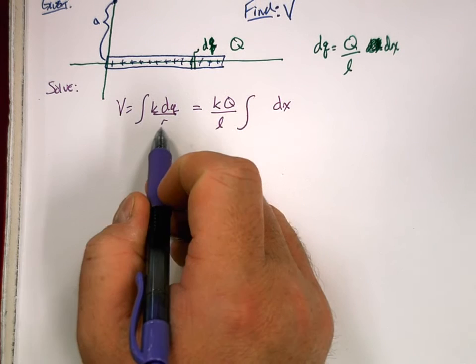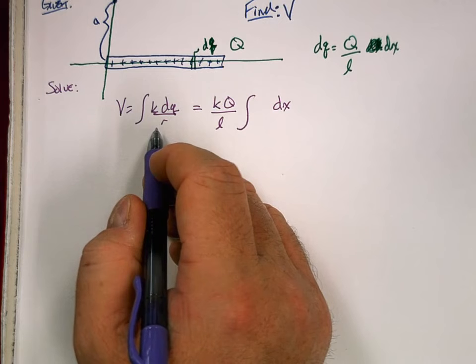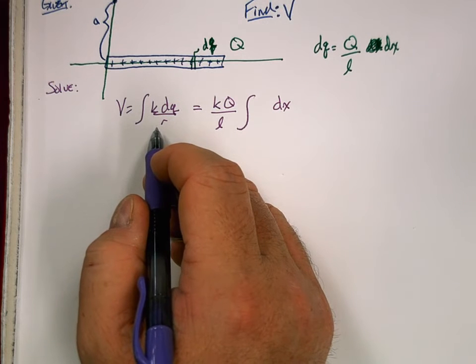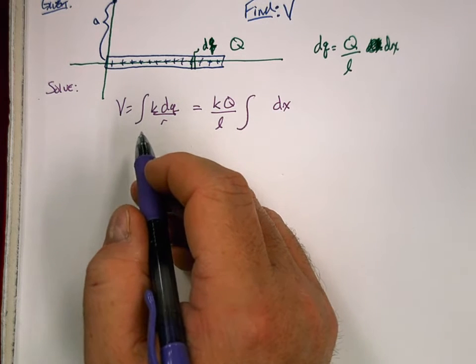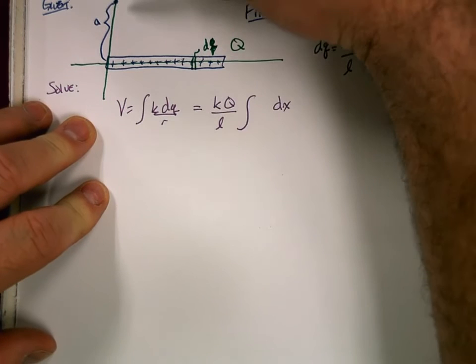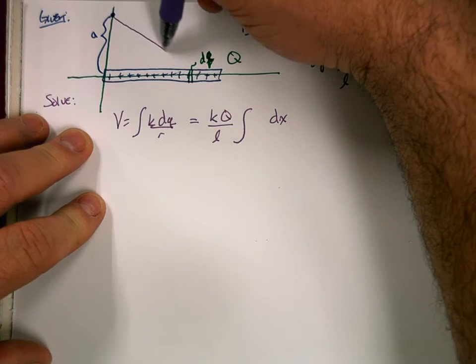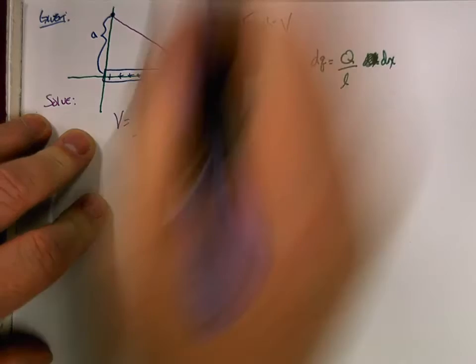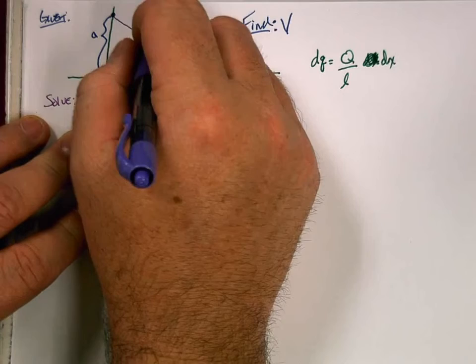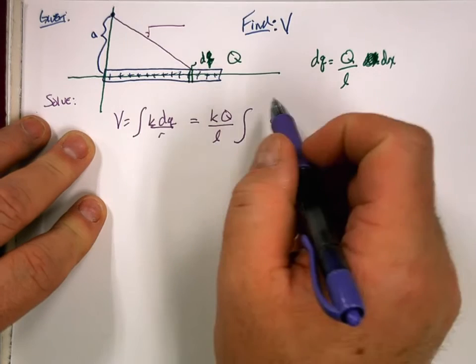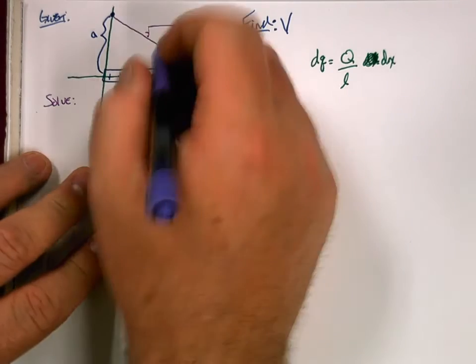But what's our r? Our distance here is the square root of a squared plus x squared. If this is in units of dx, and this is going, then this would be x, right?